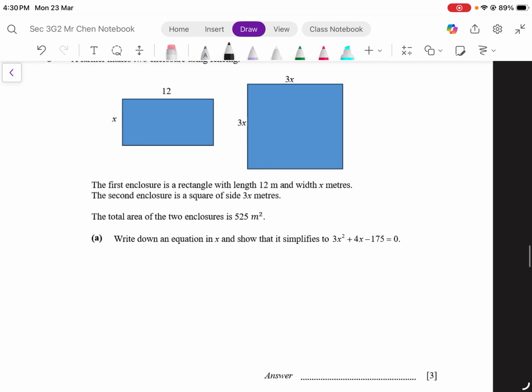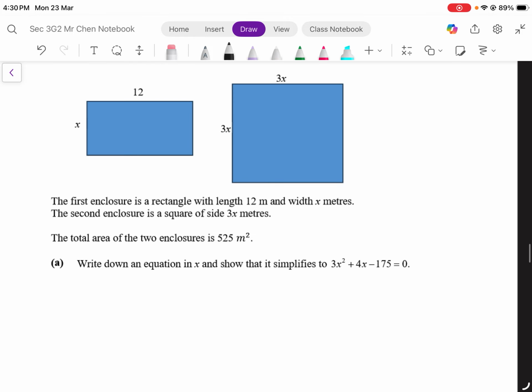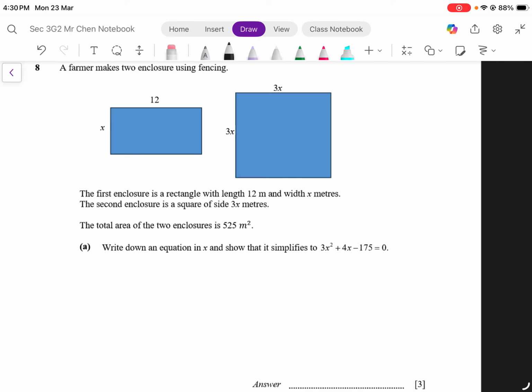Okay, next one. The first enclosure is a rectangle with length 12 meters and width x meters. The second enclosure is a square of side 3x meters. Total area is 525 meters squared. Right, so this is quite simple. So the area of this square will be what? 3x times 3x. Area of this rectangle, 12 times x.